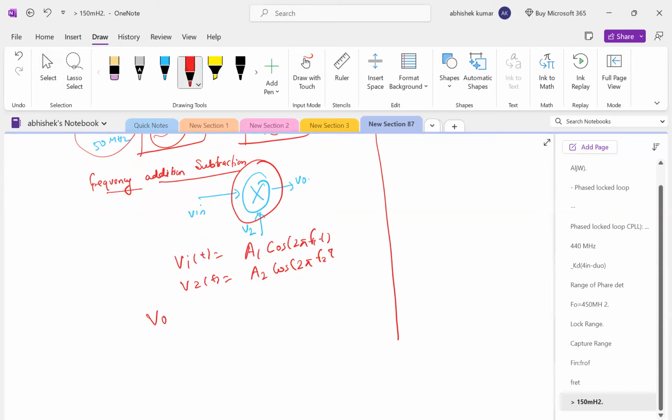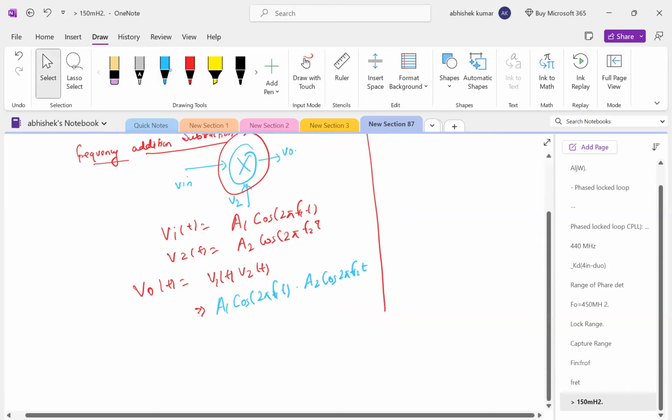Your V output is V1 into V2, right? So here you will get A1 cos 2 pi f1t into A2 cos 2 pi f2t.